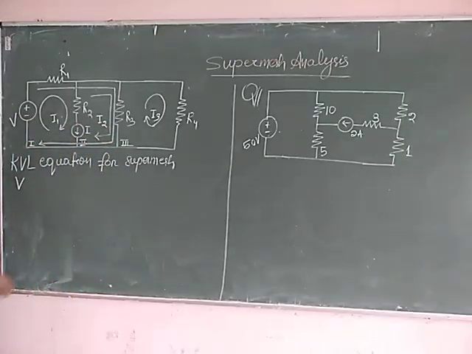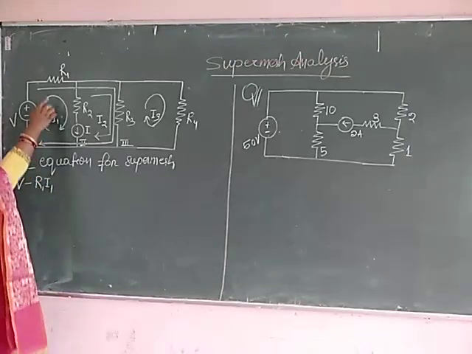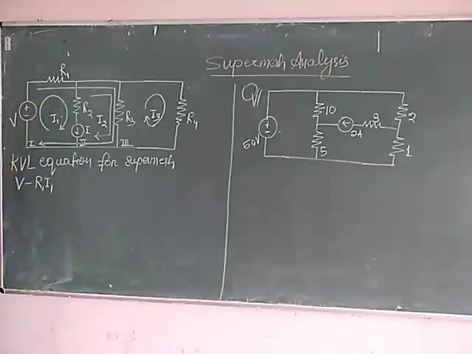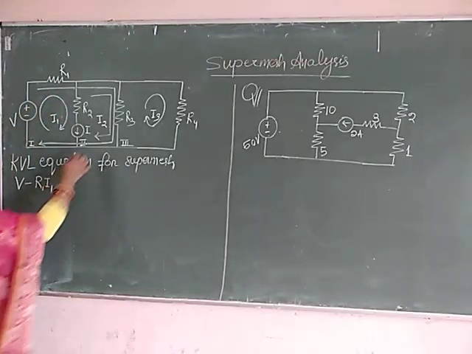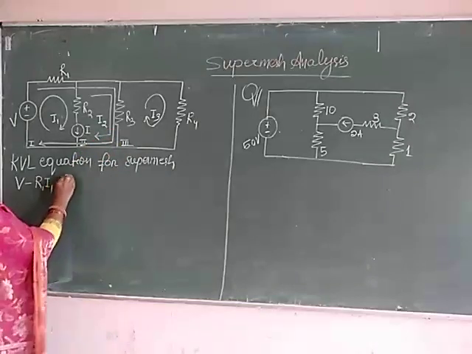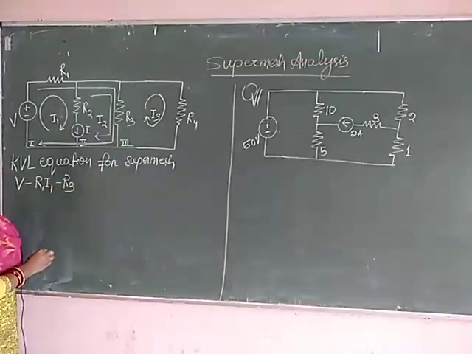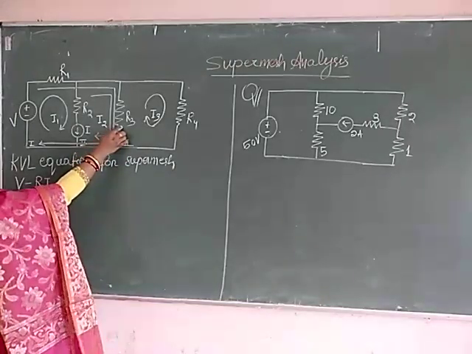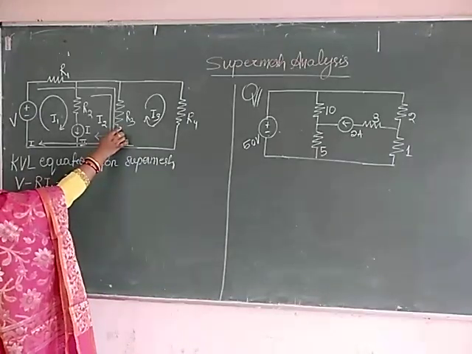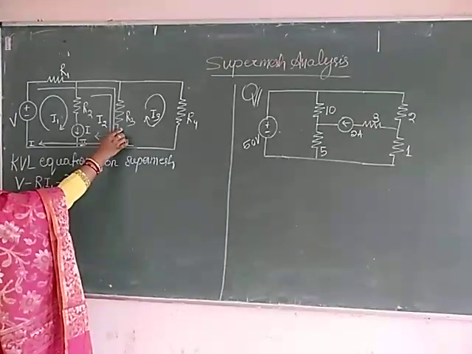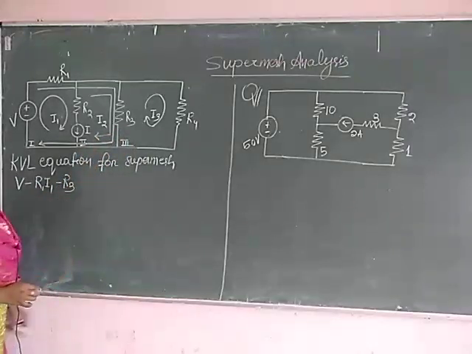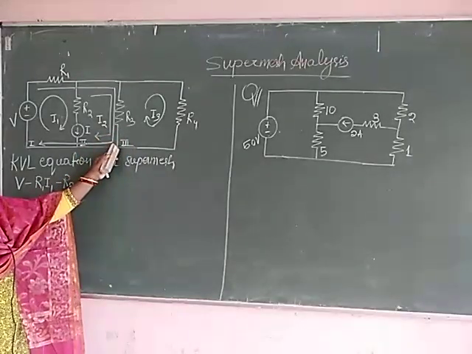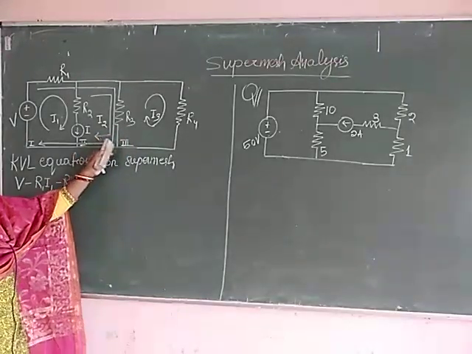So voltage drop across R1 is R1 into I1, as through R1 I1 current flows. Then come to R3. Voltage drop across R3 is its resistance into the current flowing through R3. As it is the common element, it is the mutual resistance in between loop 2 and 3.